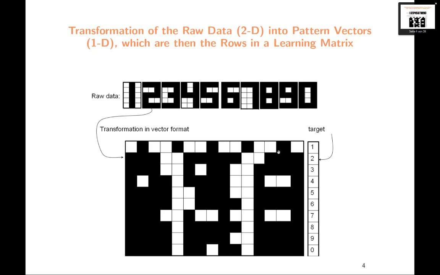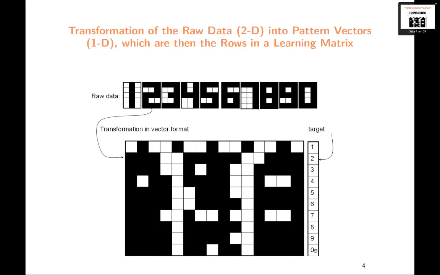And this is typically considered the input. And we also have to each pattern a target or an output, desired output. So the first one represents a 1, the second one a 2, and so on, and the last one represents a 0. So this is typically the form we transform our data into.